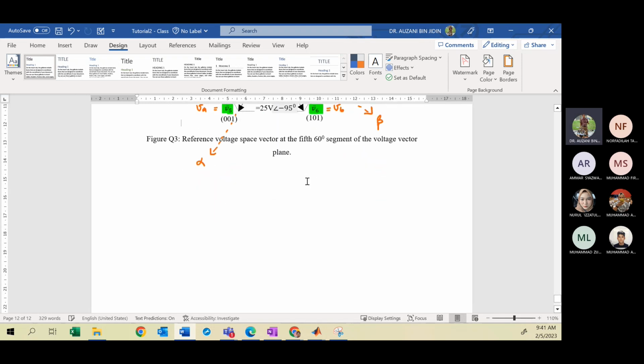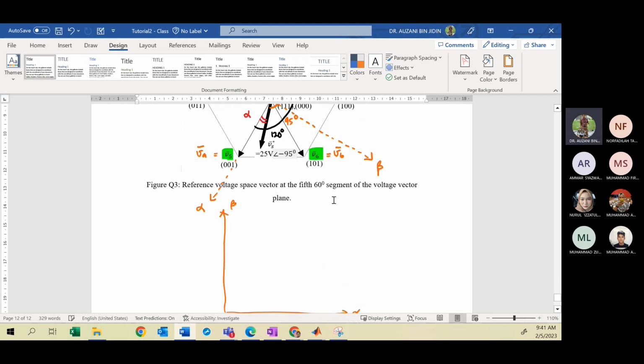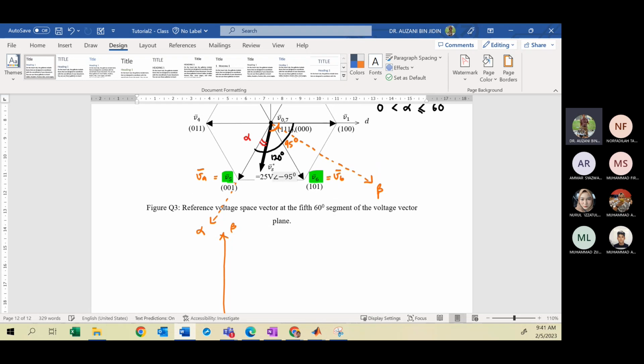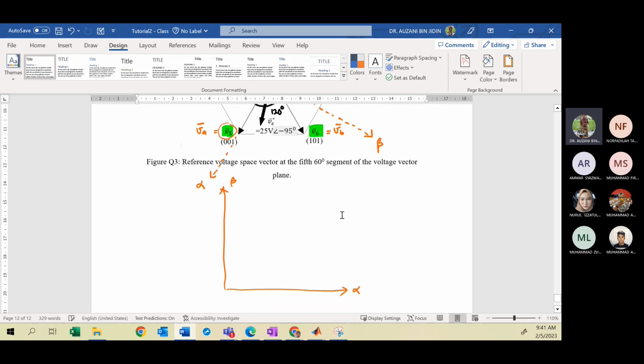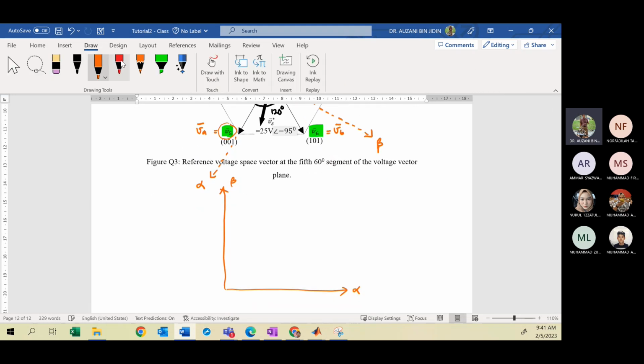You have the alpha here, and the beta should be here. Remember your first adjacent vector to be selected, V5. So you must sketch V5 in line with the alpha axis. So this is your V5.